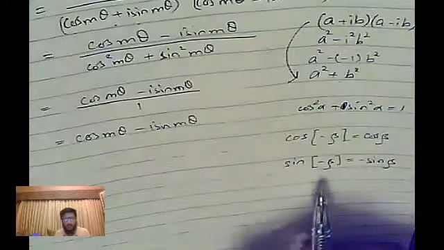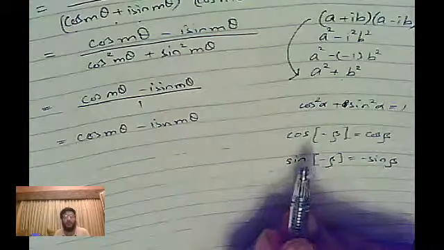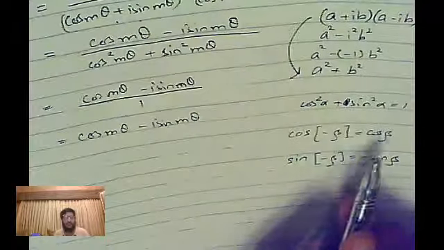Sine pushes it out, right? So if the angle of a sine is negative, the sine of that angle is negative.